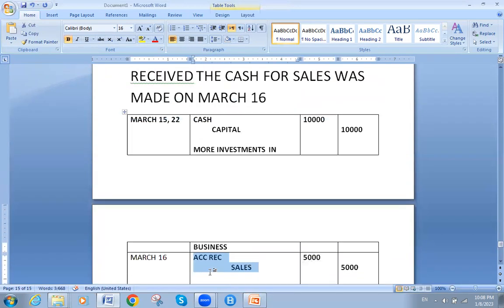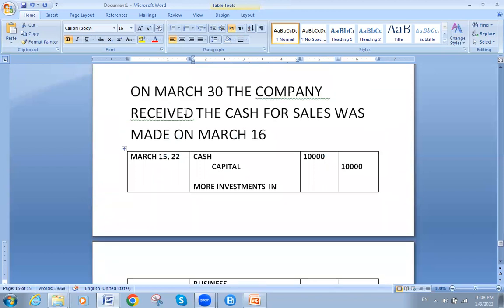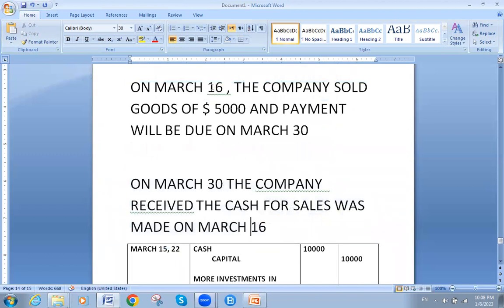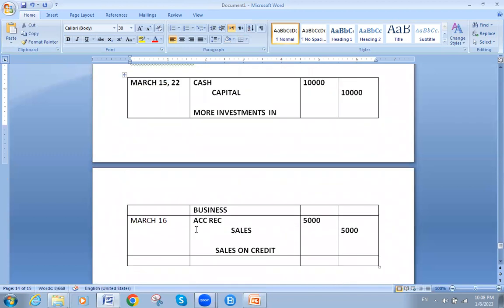That's what happened. On March 16, we did a transaction like this, from account receivables into the sales, because at that time we did not have cash.